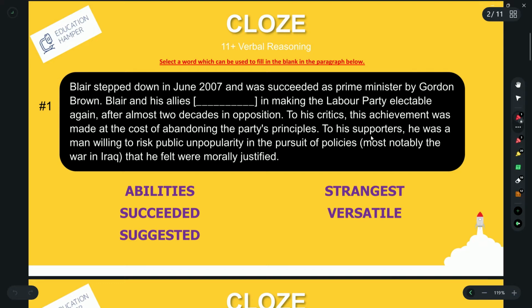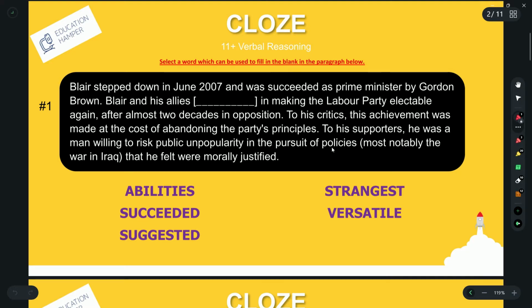To his supporters, he was a man willing to risk public unpopularity in the pursuit of policies, most notably the war in Iraq, that he felt were morally justified. So he had supporters, and what this says is Blair seems to be willing to do things that are not popular with the general population when he's in pursuit of policy.